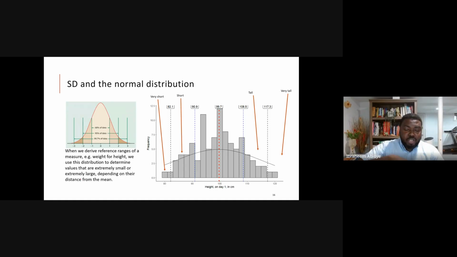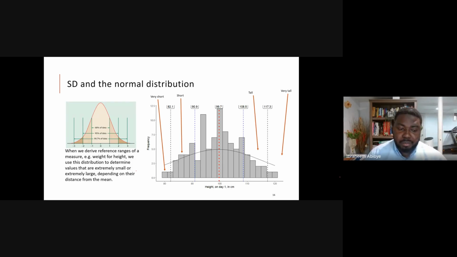If you measure the blood pressure, you're likely to get a normal distribution. That normal distribution helps you to know that values on the extreme ends are likely to be abnormal. A person with a systolic blood pressure of 50 is likely to be abnormal, or a systolic blood pressure of 200 and something.